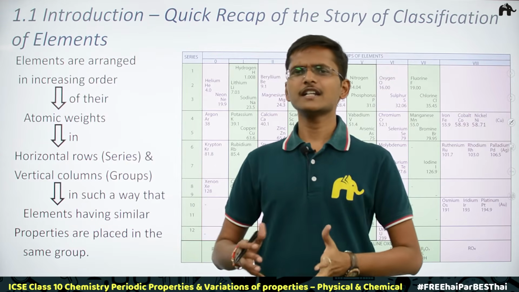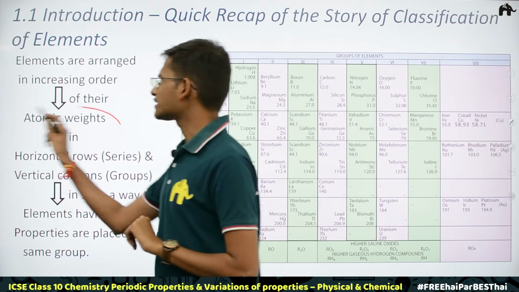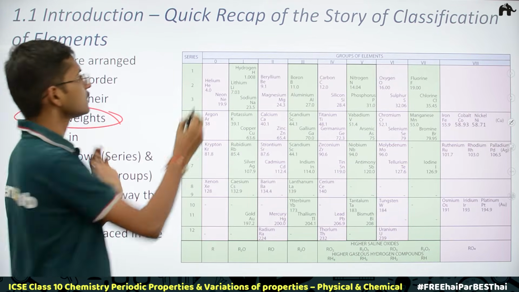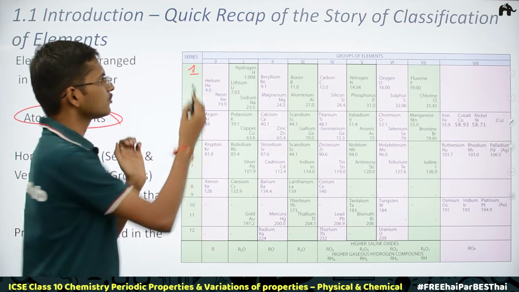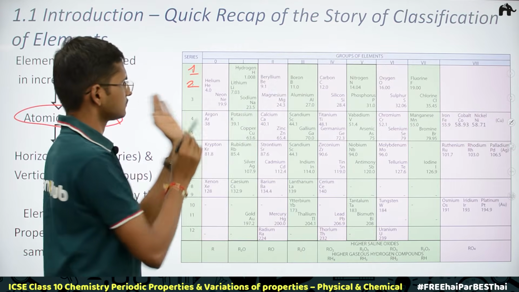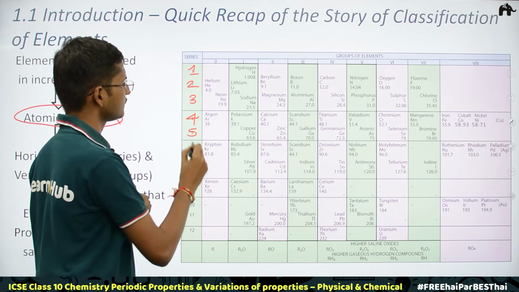Mendeleev arranged the elements in increasing order of their atomic weights in horizontal rows. You can see here the horizontal rows: row 1 only has hydrogen, in a similar way row 2 has elements, then row 3, row 4, 5, 6 and so on.